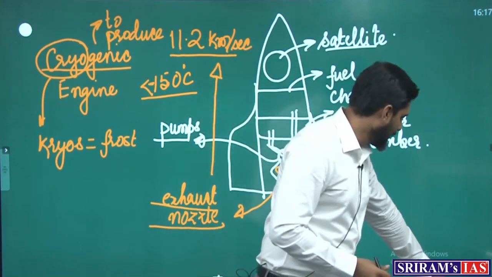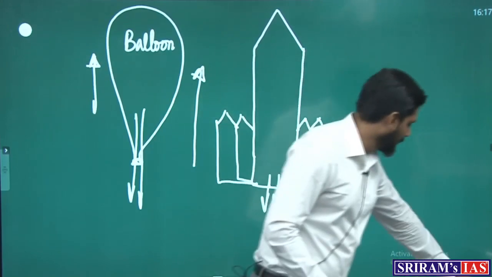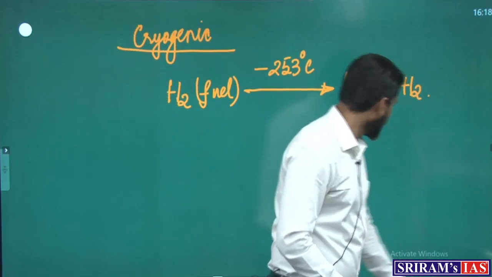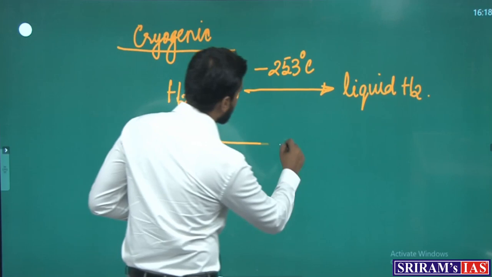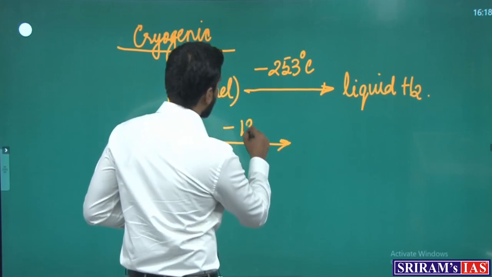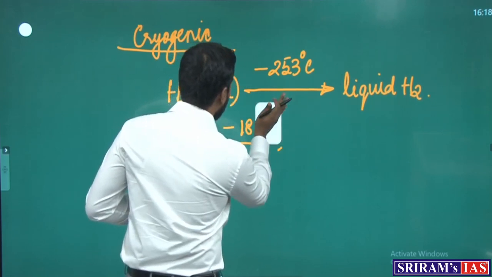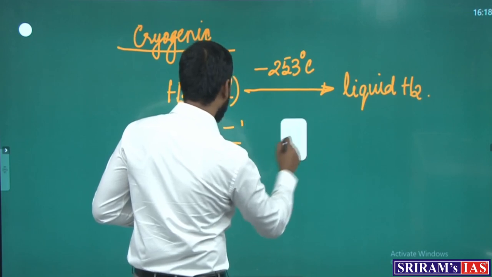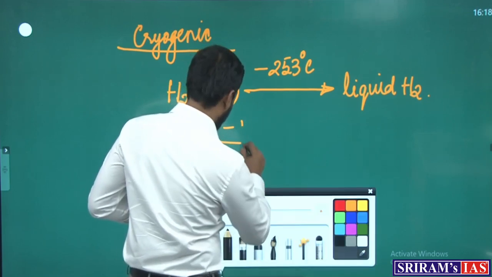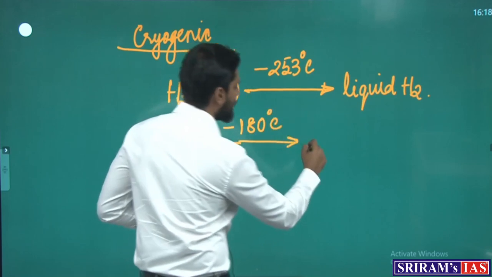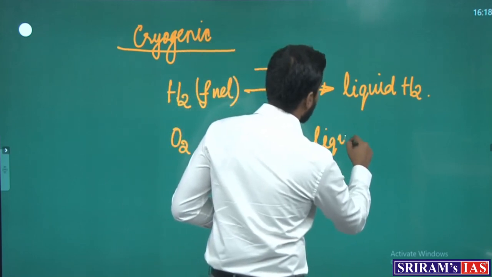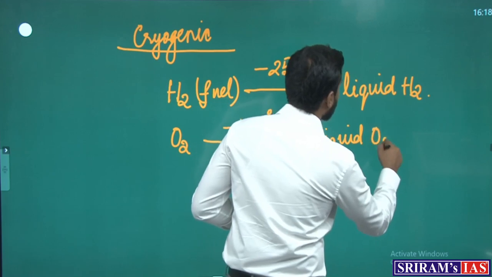Here we take not only the fuel at cryostate, but also the oxygen, or the oxidizer, at cryostate. If we cool oxygen down to minus 180 degrees Celsius, it also becomes liquid oxygen.